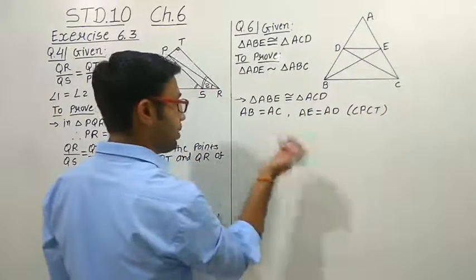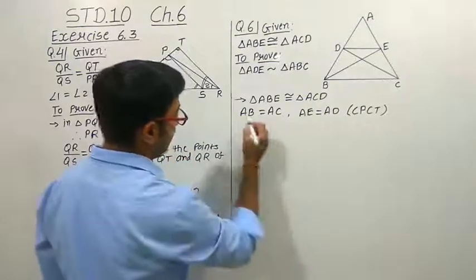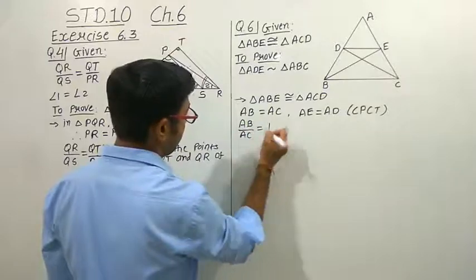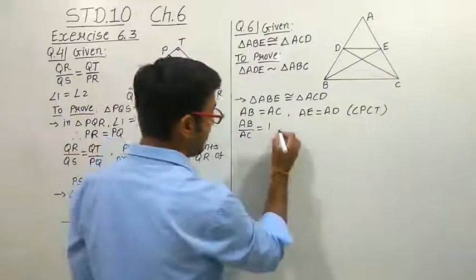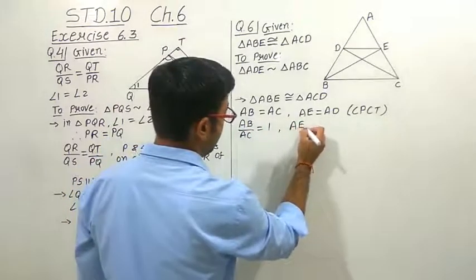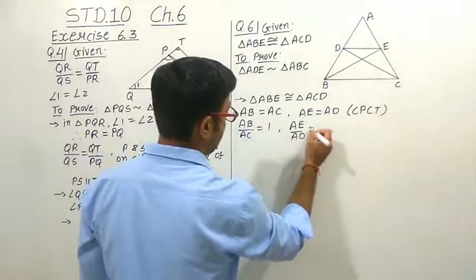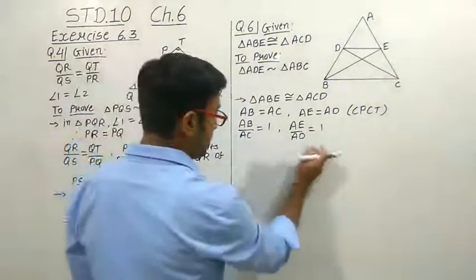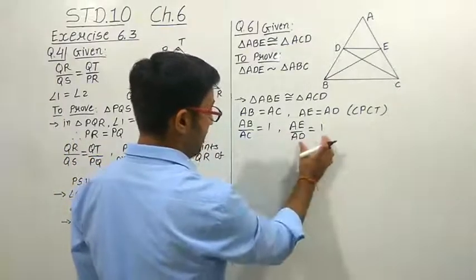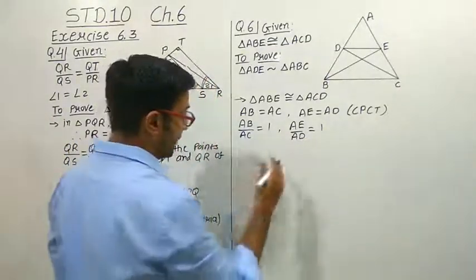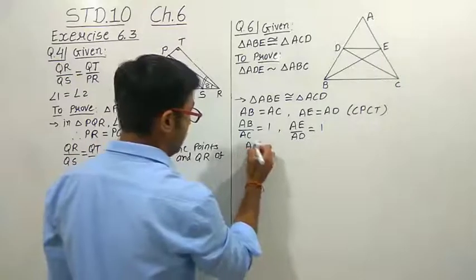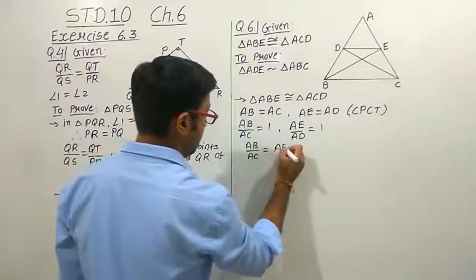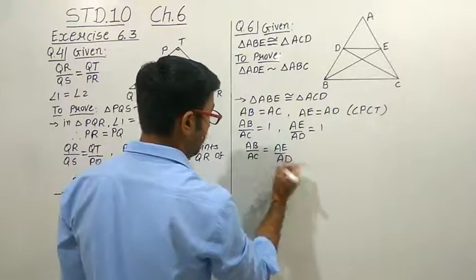So AB upon AC, it will become 1. In the same way, AE upon AD will again become 1. So now we can compare both these equations because both have the right hand side equal. When we compare both these, we get AB upon AC is equal to AE upon AD.